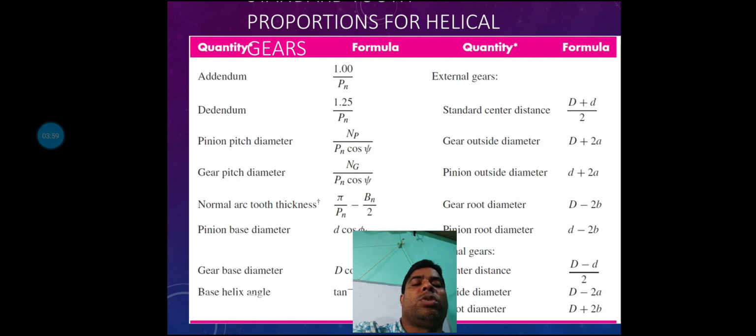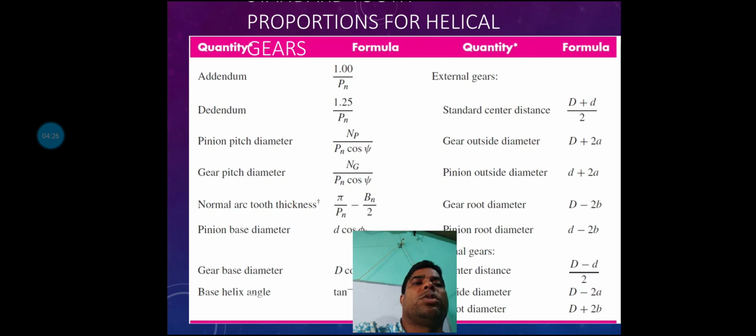Suppose in one case, addendum is equal to 1 by Pn, dedendum is equal to 1.25 by Pn, where Pn is the normal pitch. Pinion pitch diameter is equal to Np by Pn into cos psi, and gear pitch diameter is equal to Ng by Pn into cos psi.